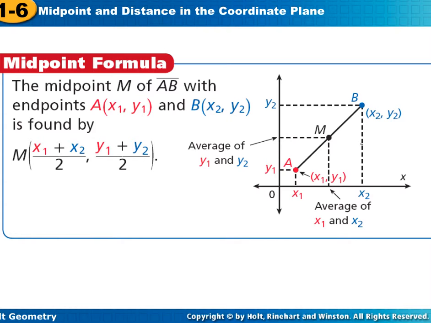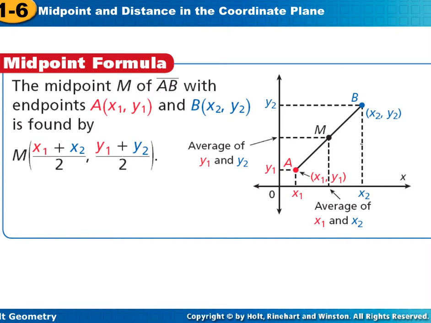Since the coordinates of M have both an x and a y to it, we have to average each one of them. So what they're showing you is if A and B are your endpoints, on the x-axis, if we average the x's, we find the x of the midpoint. Okay? And on the y-axis, if we average the y values, we'll find the y for the midpoint.